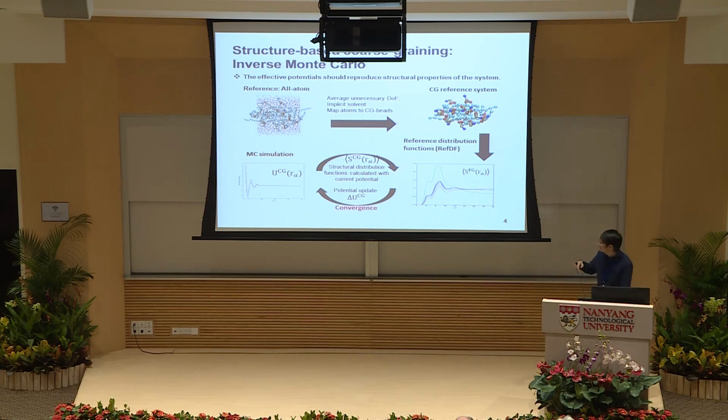And then, congratulations, you have reached convergence, meaning the potential doesn't change very much from one iteration to another, and the radial distribution function you get is virtually the same as from your reference system. For more details, you can go to the posters from my colleagues, poster numbers 13 and 14.